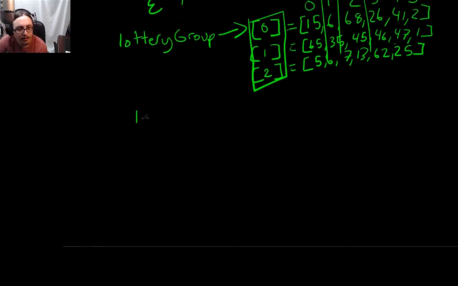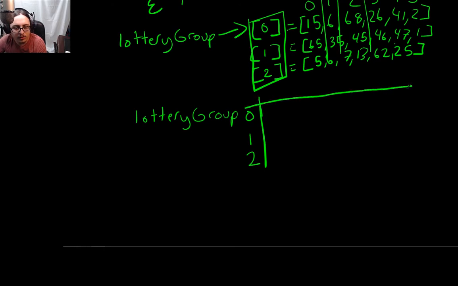So if we draw it like a matrix, 0, 1, 2. And 0, 1, 2, 3, 4, 5.